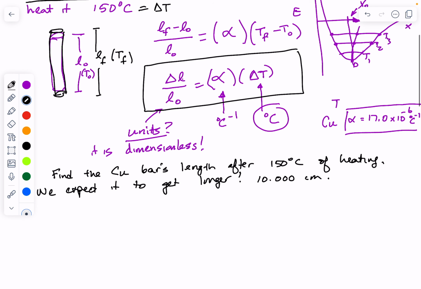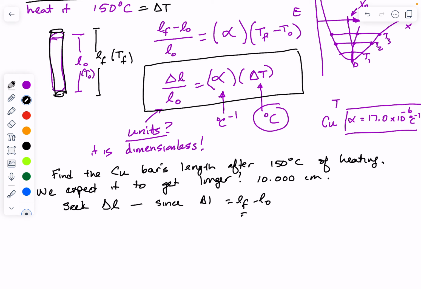All right, so in other words, if we find delta L, since delta L is equal to LF minus L naught, and we know L naught, we'll then be able to find LF.